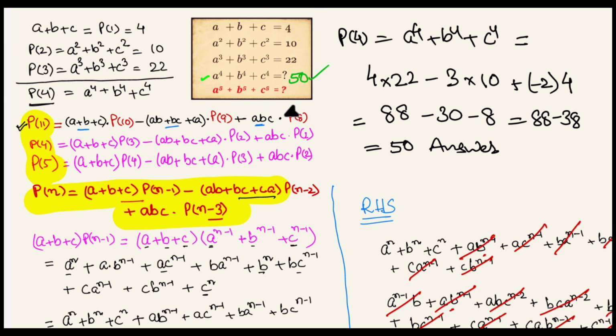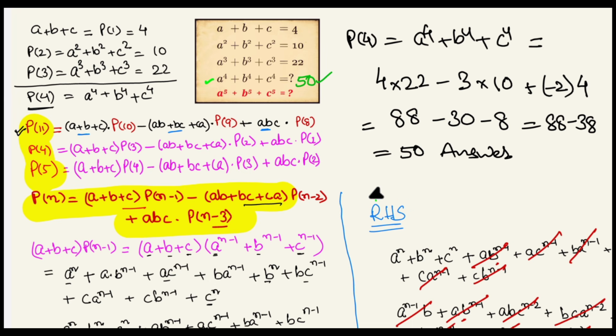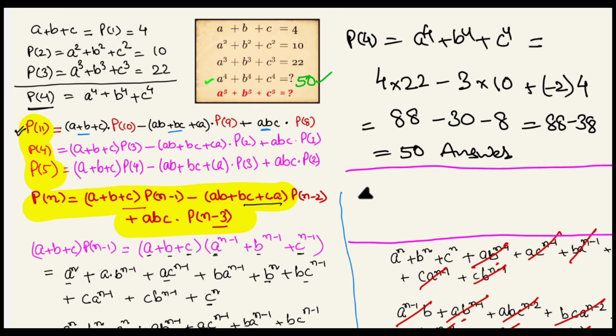So let's calculate the value of P5. Let's calculate the value of P5 here only. Now this much space is enough to calculate this P5. That is the benefit of solving it this way.